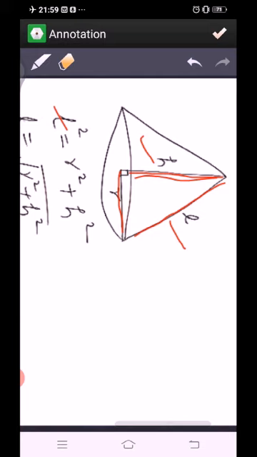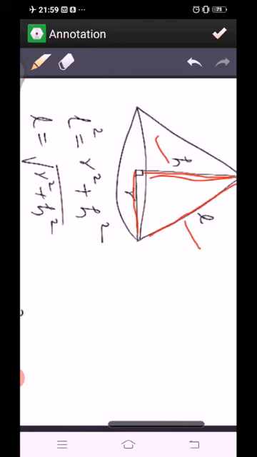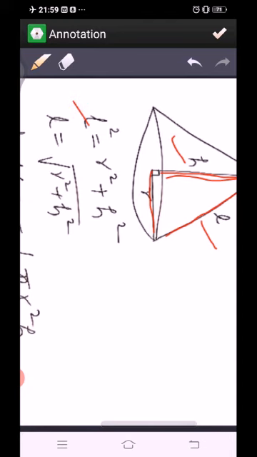So in a right angle triangle we can easily apply the Pythagoras theorem. Hypotenuse square equals perpendicular square plus base square. So in this right triangle we have hypotenuse, that is slant height L, L square equals radius square plus height square. So L is equal to under root R square plus H square.